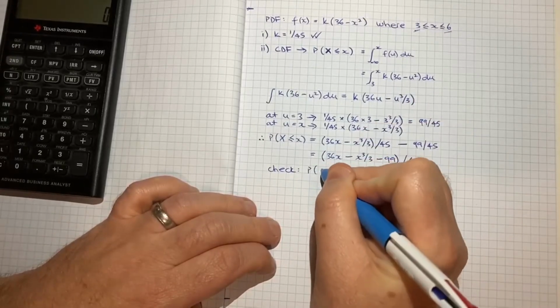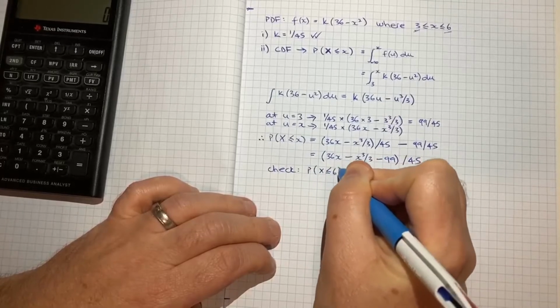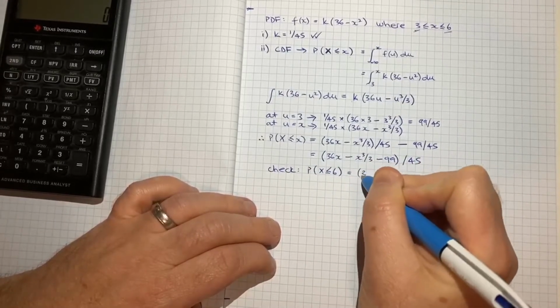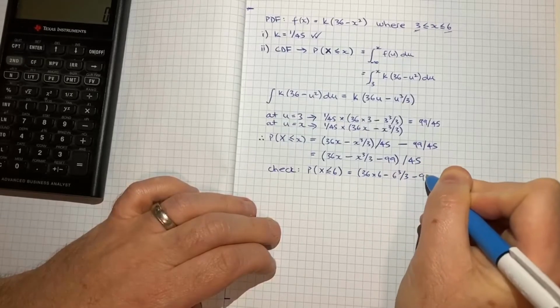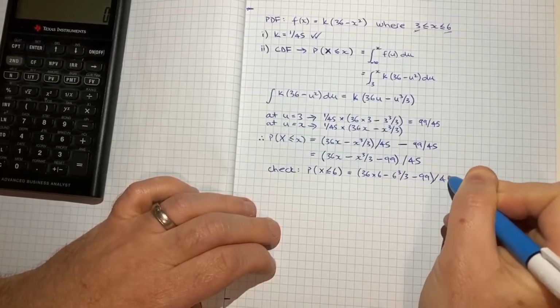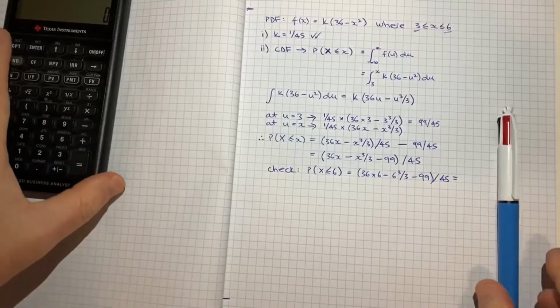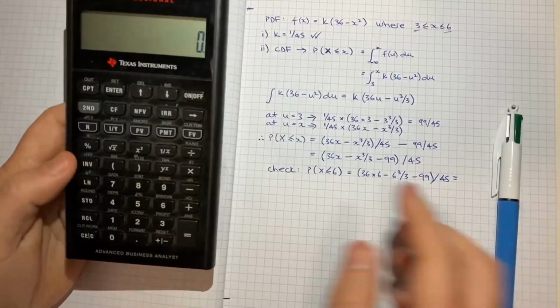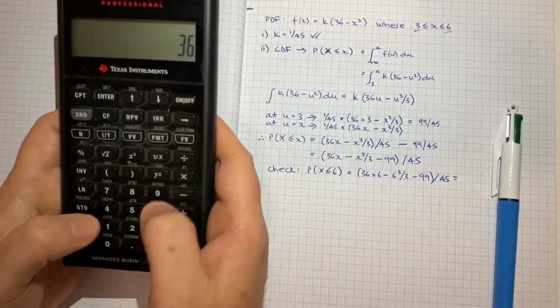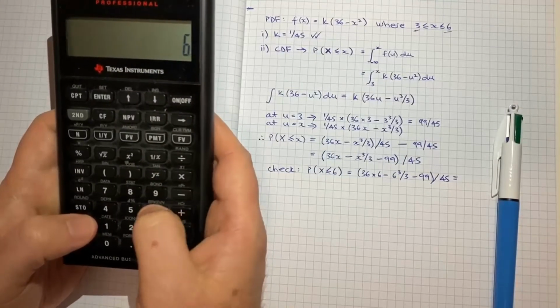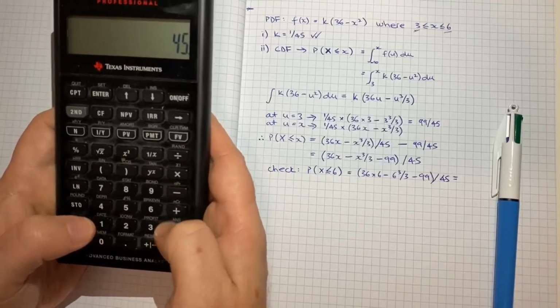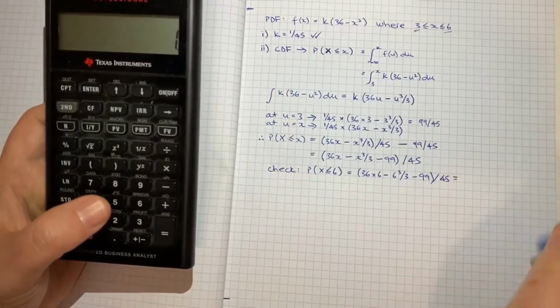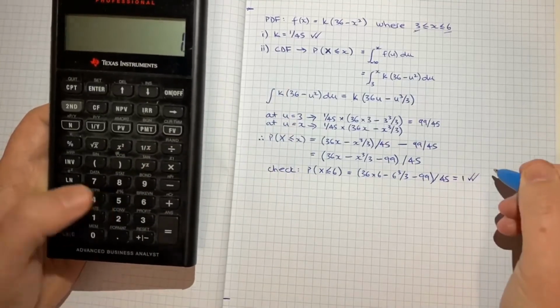So the probability of x less than or equal to 6 is equal to 36 times 6 minus 6 cubed on 3 minus 99 on 45. Let's key that in and hopefully we get 1. So 36 times 6 minus 6 to the power of 3 divided by 3 minus 99 divided by 45 is 1. So that's a good sign.